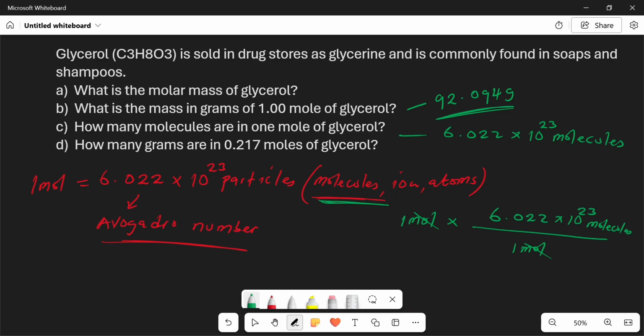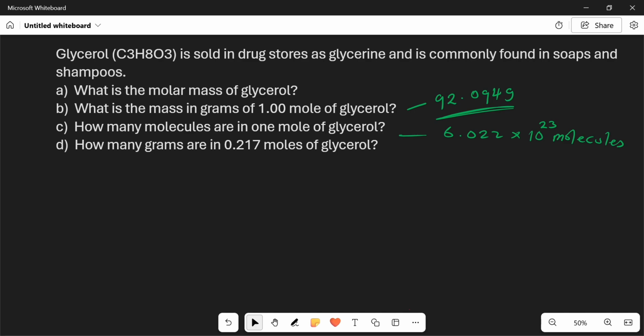Yes. All right, so we can go to D. Now, D is saying how many grams are in 0.217 moles of glycerol. So we are looking for grams that are found in 0.217 moles of this same substance. Now, when you talk about grams, we're just talking about the mass that is found in this number of moles we're given.